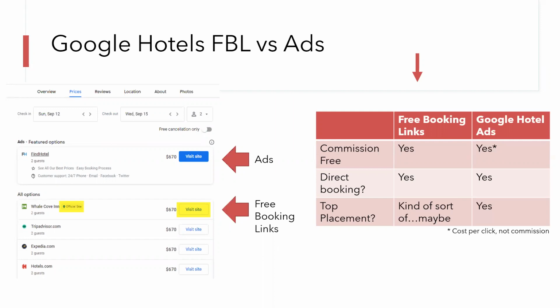This will be your property's name. It'll say official site. When you click visit site, it routes them right to the booking engine with those dates that they've searched for already loaded up in your booking engine. I'll do that as an example to show where those dates come into play.